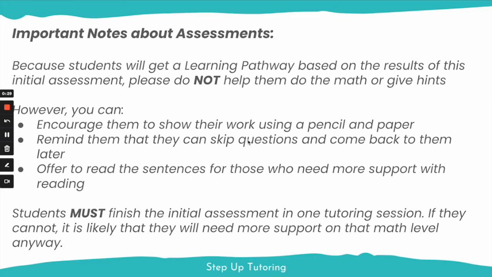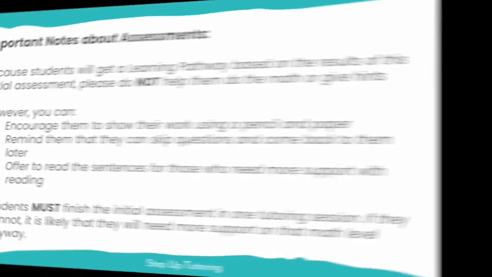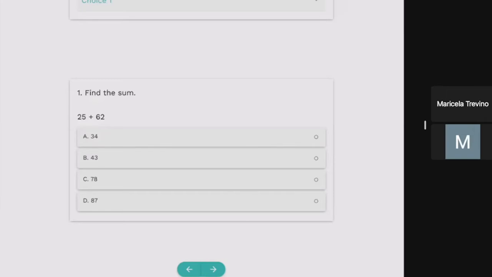Students must finish the initial assessment in one tutoring session. If they cannot, it is likely that they will need more support on that math level anyway. Have the student go through the test.